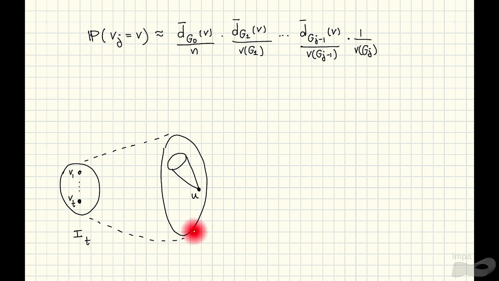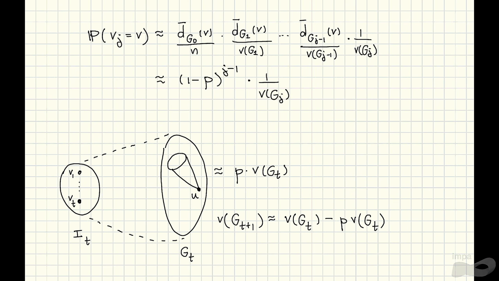And say you select the vertex u, then, well, roughly the degree of u should be p times the amount of vertices you have in the active graph, right? So this should be roughly p times V of GT. And what this means is that every one of these ratios will give us essentially 1 minus p, okay? So you have 1 minus p given by all these ratios. We have j minus 1 of them.